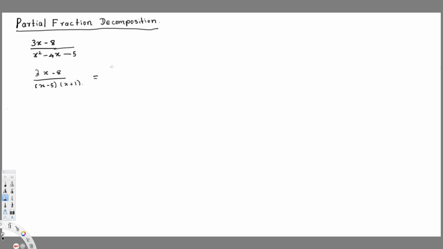And then the easy way to do this is we separate into two parts. So first of all, let's say we pick two different numbers, A and B, and we write A over one of these factors, that is A over x minus 5, plus B over x plus 1. So the next step is to eliminate these denominators. What I can do is multiply both sides by this whole thing, x minus 5 times x plus 1, and I have to do the same thing to the other side.